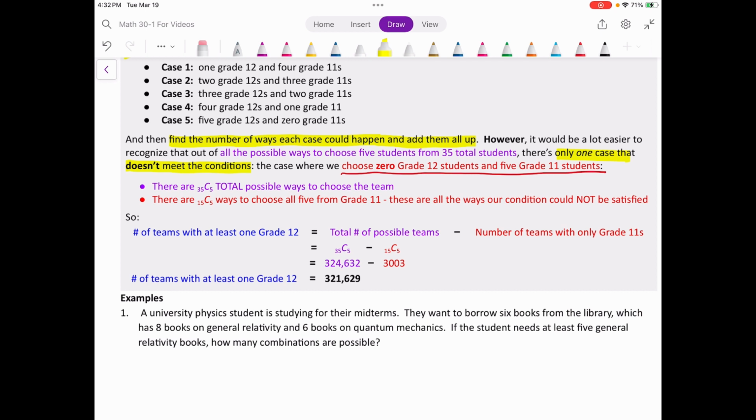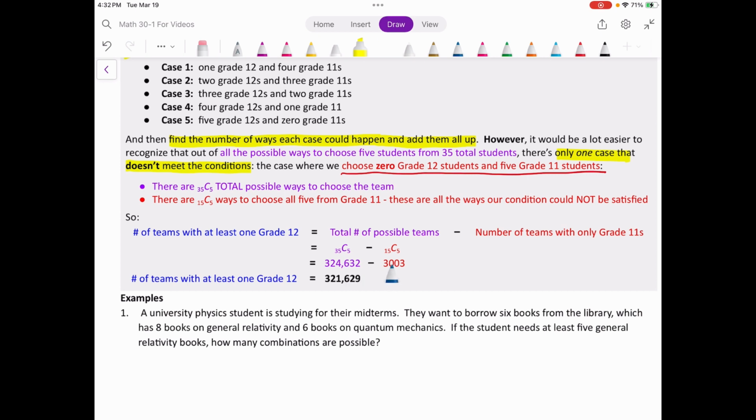I'm saying there's one case, and there's 3,003 different ways that could still turn out. But that's one case where we have all grade 11s, right? So 3,003 different ways to just choose grade 11s. So those are all the ways. They're in here somewhere where we don't have any grade 12s.